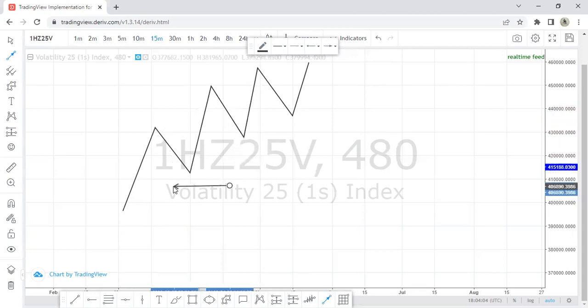Although you have this idea of market structure, you find out that these things do not exactly pan out as you were taught in the books. When I learned market structure, it gave me a lot of issues because sometimes the market does not follow this pattern. When you go to the real chart, you notice that the market in the real scenario is doing something like this.